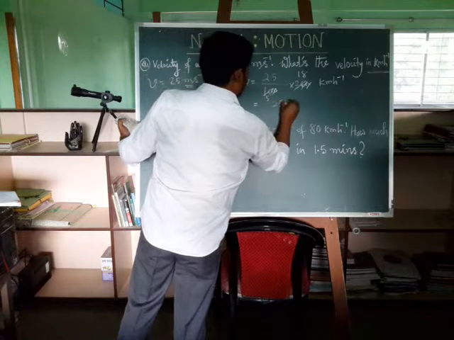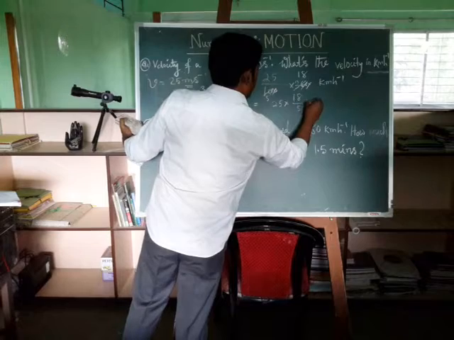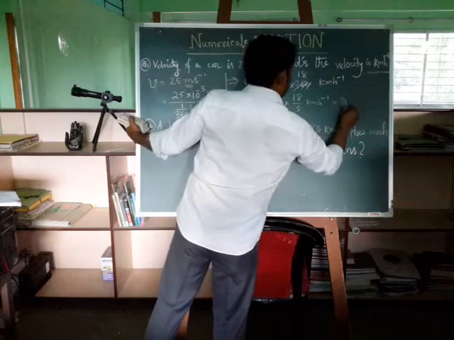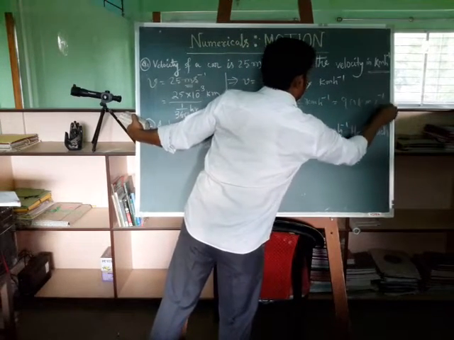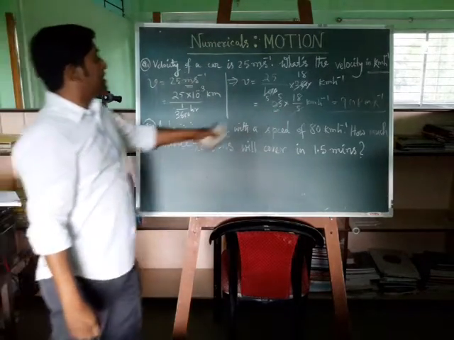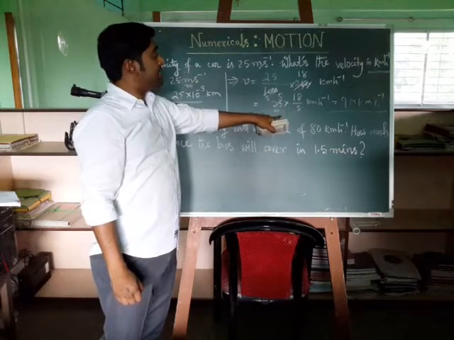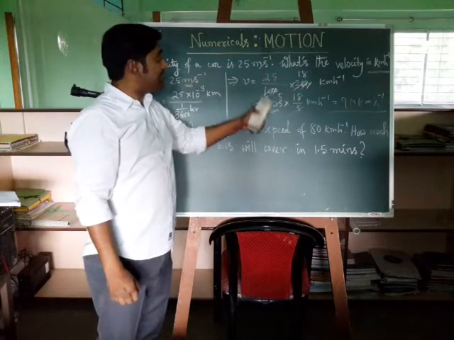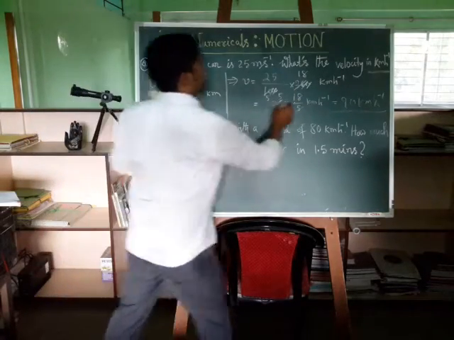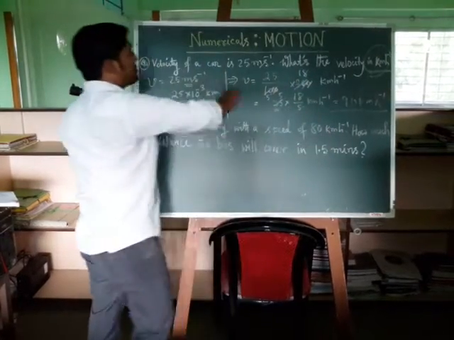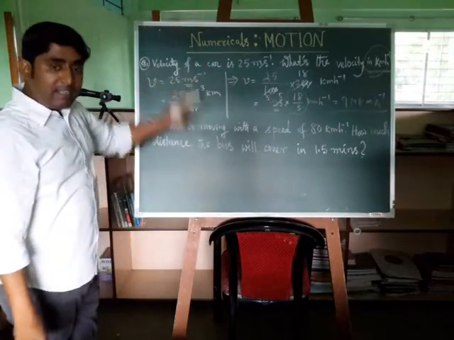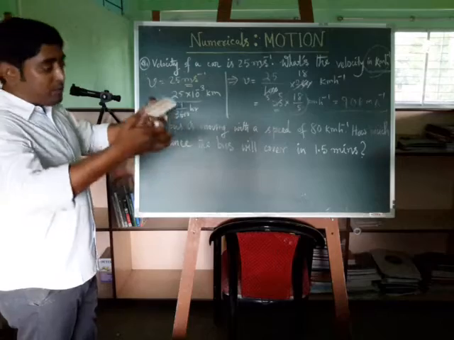So this is 25 into 18 upon 5 km per hour, and so that is equal to 90 km per hour. Note, that means if we are given the speed or velocity in meter per second, if we multiply that by 18 upon 5, we get it in kilometer per hour. And in the previous lecture, we had discussed that if the speed is given in kilometer per hour and you want to go into meter per second, this was 5 upon 18. But that's very simple, but we are starting from the basics only.